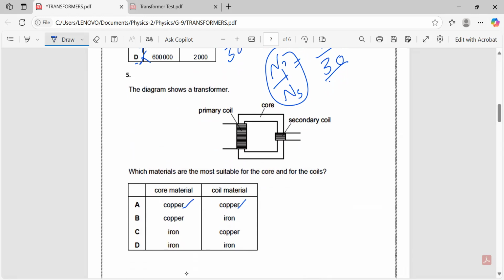We need an iron core, because it is very important for transferring the magnetic field lines from the primary towards the secondary coil. So for the core, the material should be iron. For the primary and secondary coils, they should be made of copper because it has low resistance, so maximum current can flow through it. So option C will be the best option.